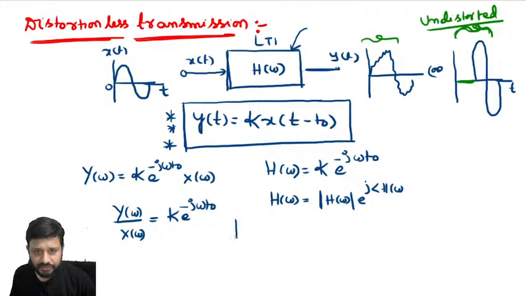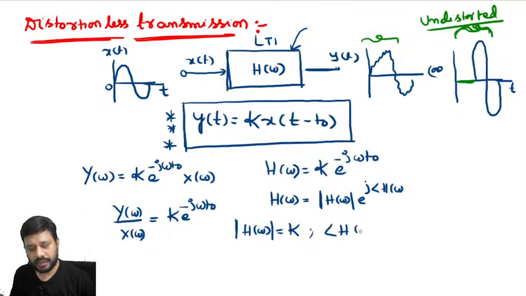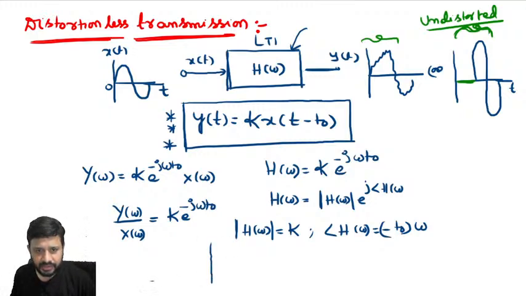Now what is the magnitude of H of omega if you compare? K. Phase of H of omega is minus t naught into omega. Now if you try to plot the magnitude and phase, see, magnitude of H of omega is equal to k, means constant. In the frequency domain it is a constant.